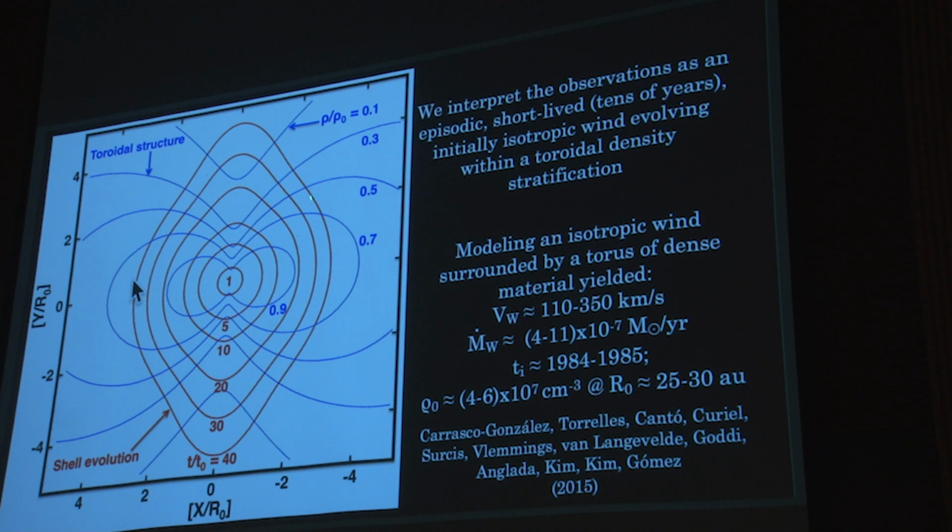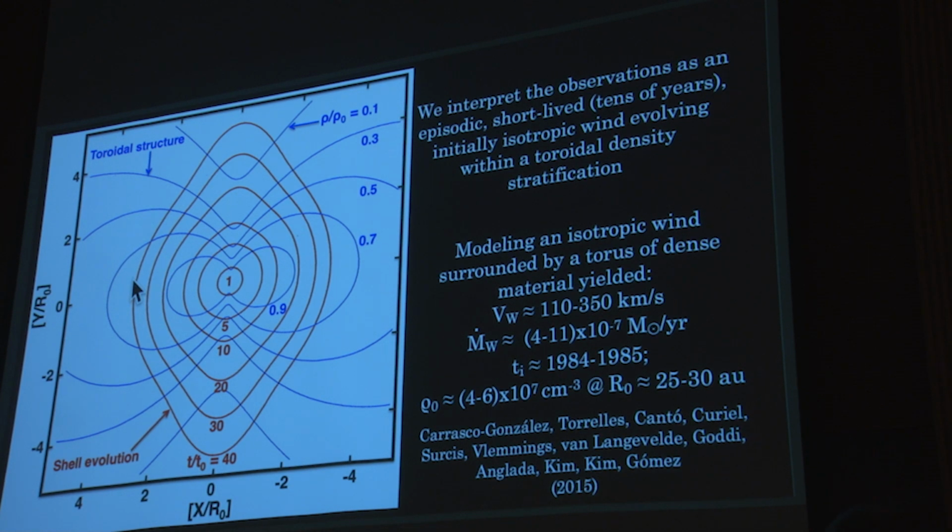And we proposed that there is a toroidal density distribution, that if you have at the beginning an isotropic outflow evolving in this toroidal density, at the end you get a collimated shell. So doing the model, we obtained these parameters that are very reasonable, and we found that the beginning of the expanding motions of this shell was in 1984 and 1985.